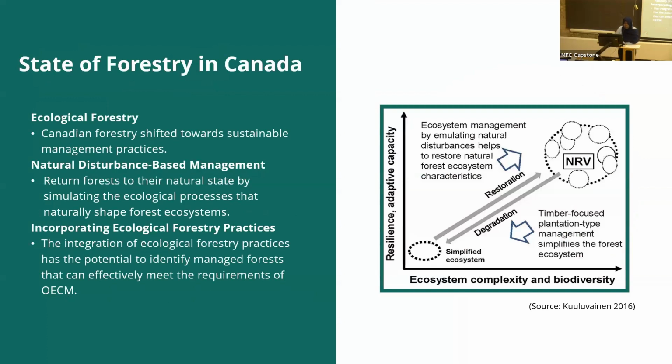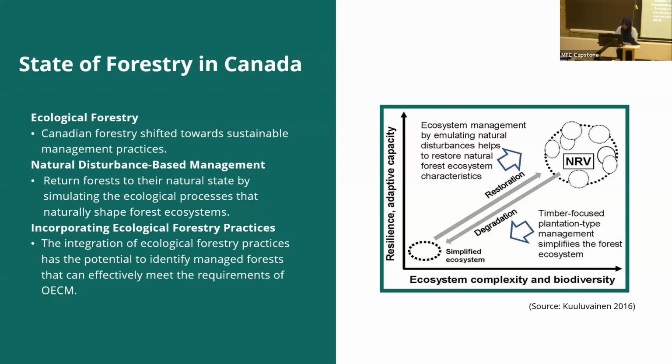Before I go into my methods, I'm going to give a brief review on the current state of forest management in Canada. Canada has seen a shift since the 1990s away from the harmful practices associated with the forest industry and has since embraced ecological forestry. Ecological forestry goes by many names, and it basically boils down to managing a forest in a way that simultaneously manages for timber and conservation.